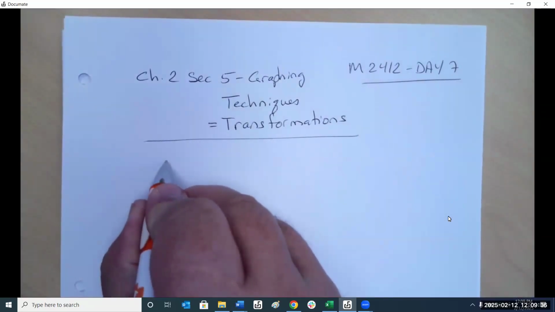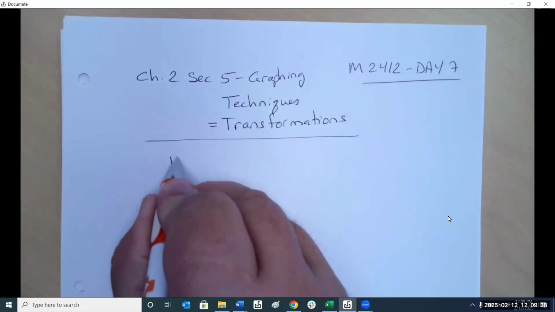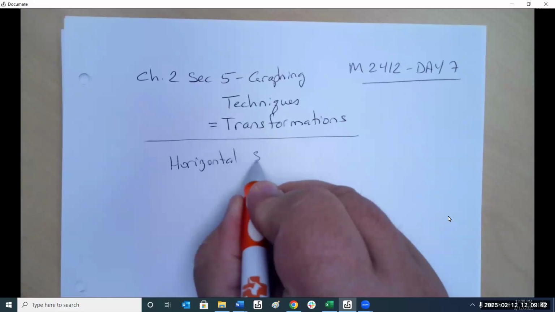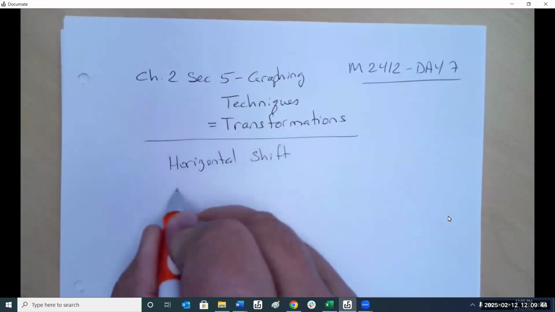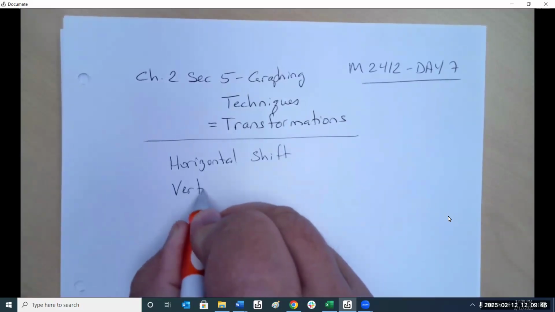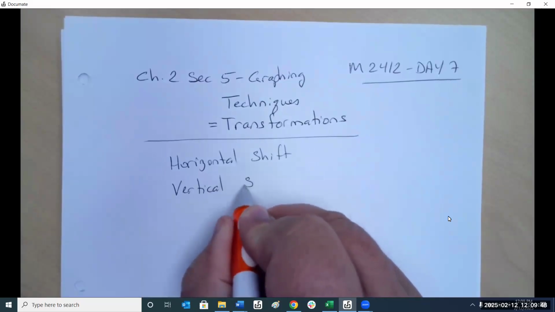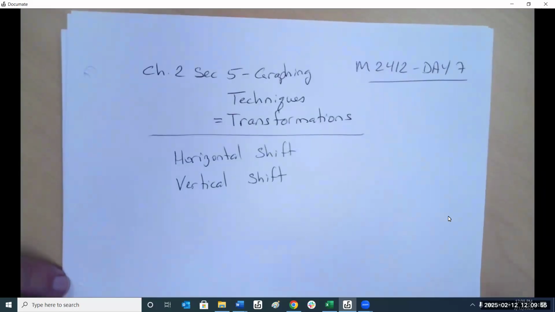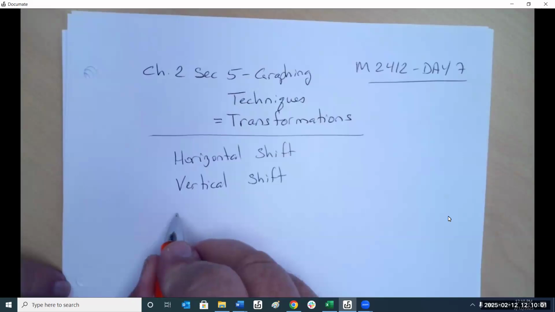What kind of shifts? Horizontal shift, a vertical shift, then we have what else? Which direction?